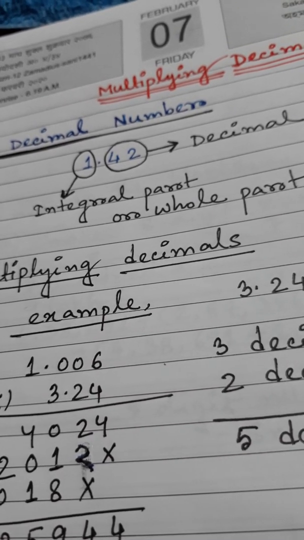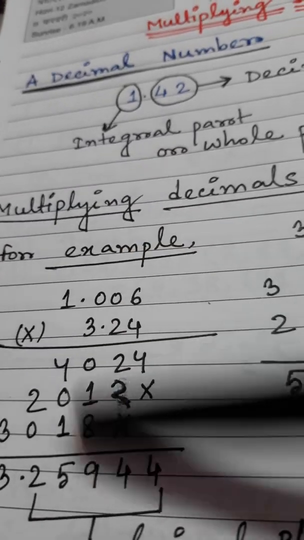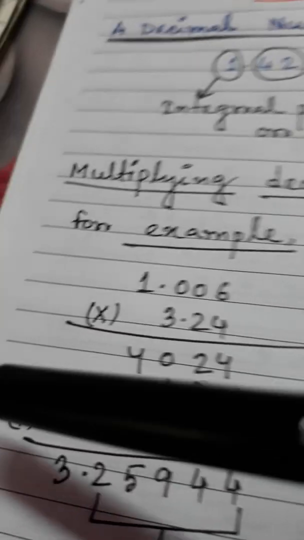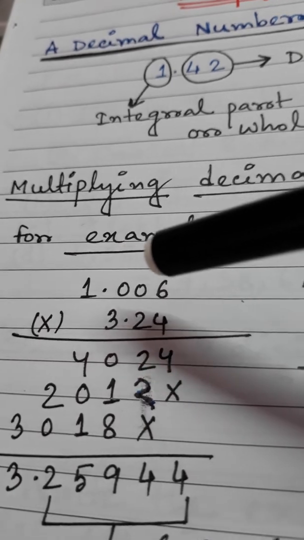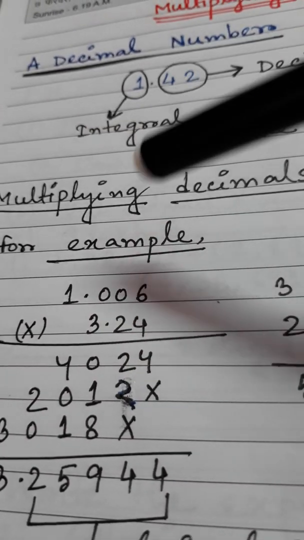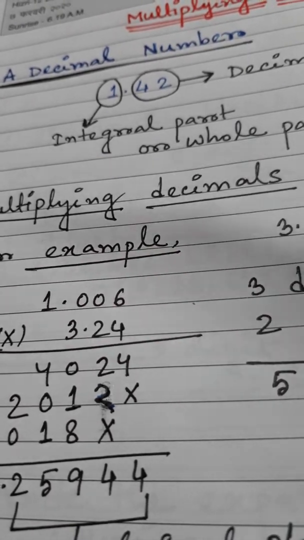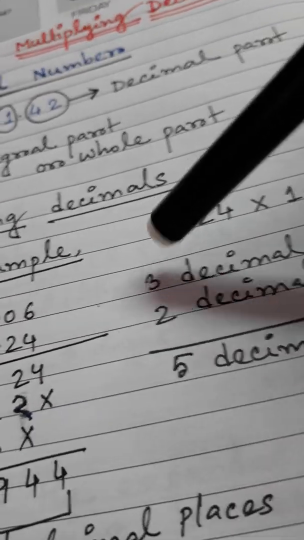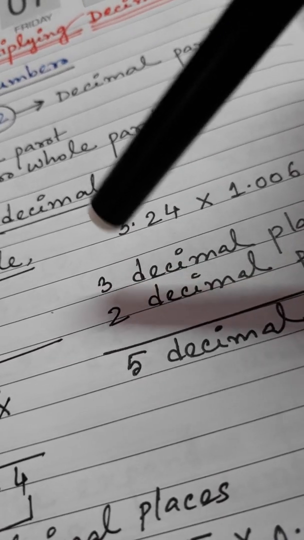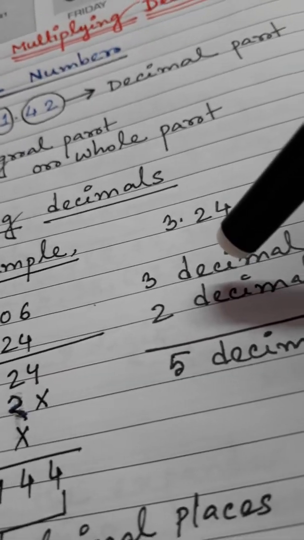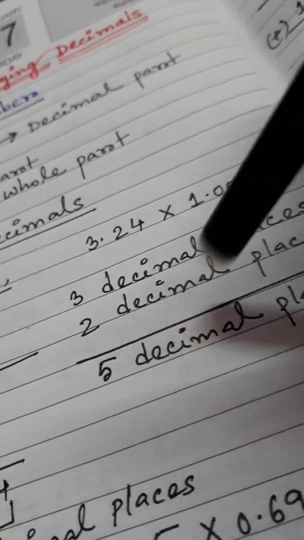At first you ignore the decimal point and do the simple multiplication, then add all the numbers. Then you count the decimal places: 3 for the first number and 2 for the second, so 3 plus 2 is equal to 5 decimal places.